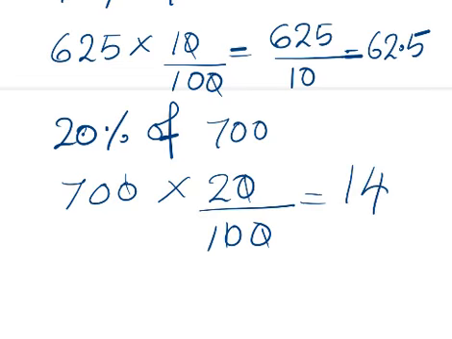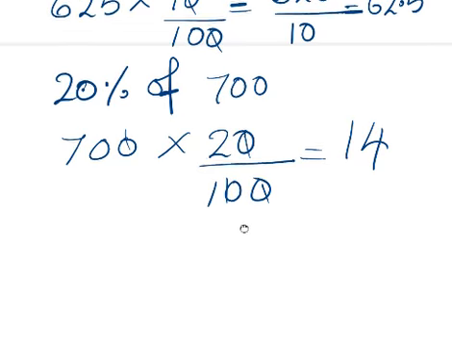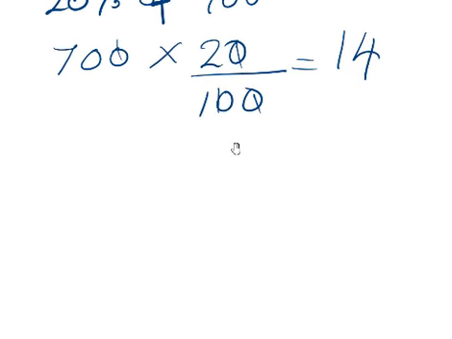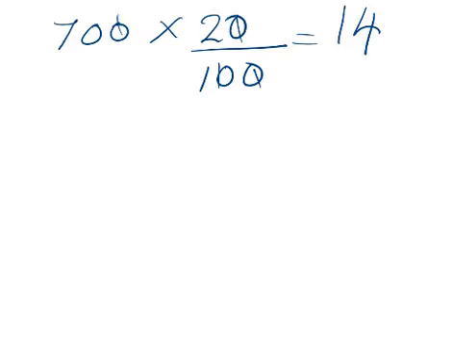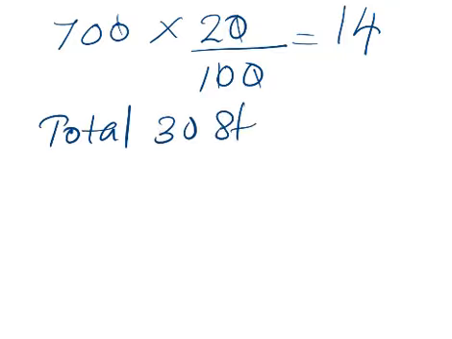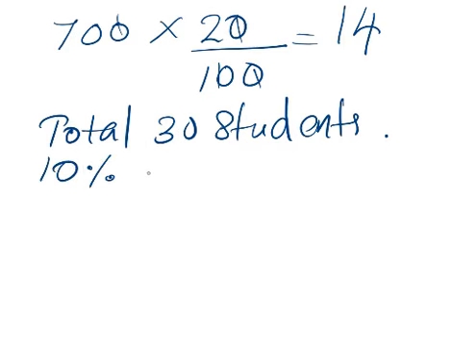Okay. Next, so you know how to find this much percentage of a number. Then we can do one word problem next. Suppose there are a total of 30 students in your class. Out of these 30 students, 10 percentage of students are girls.